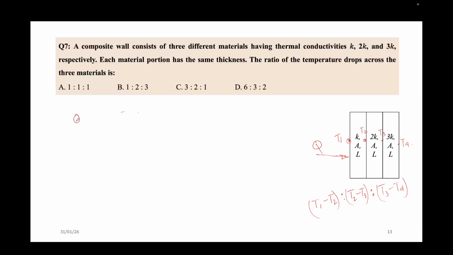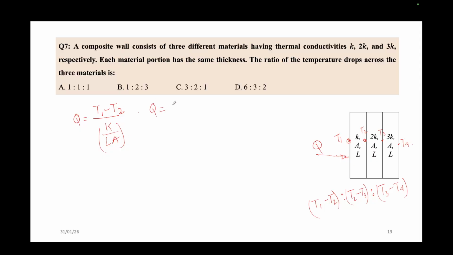So what is the equation we get from the previous one? You remember that (T1 minus T2) by (L by KA). This is resistance.